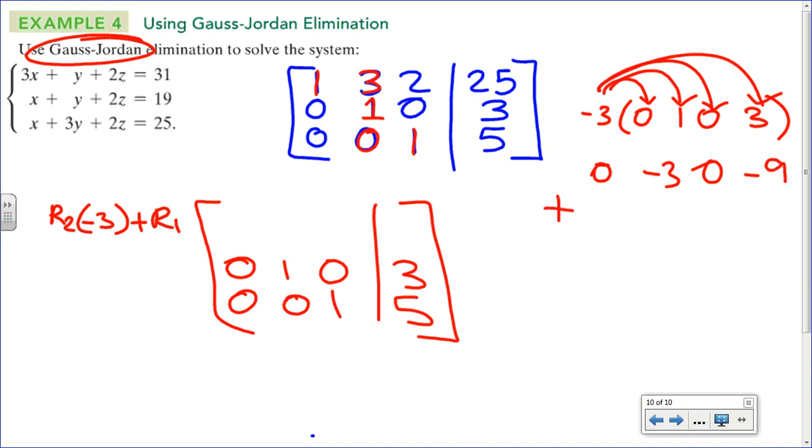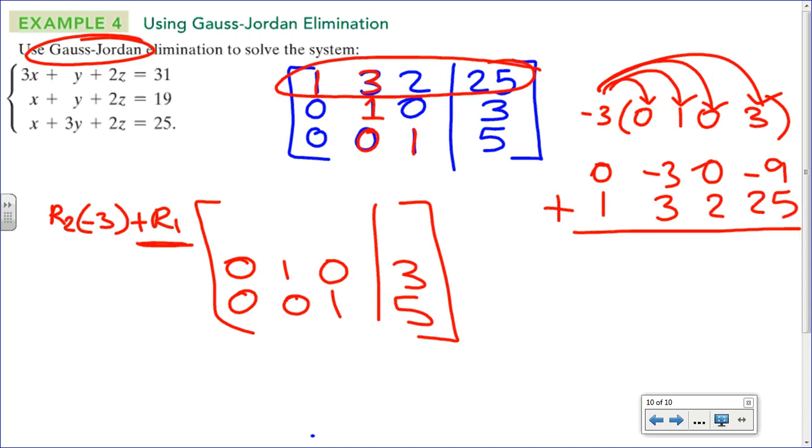Then we add row 1, which is 1, 3, 2, 25. So this will be 1, 0, 2, and this is 16, correct? Okay, we're almost there.